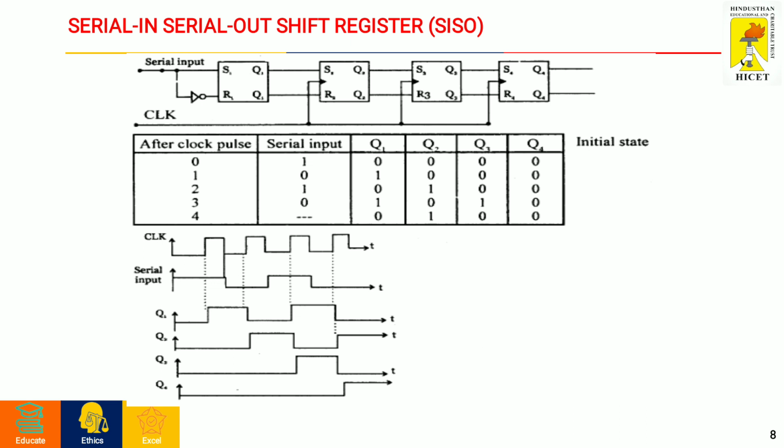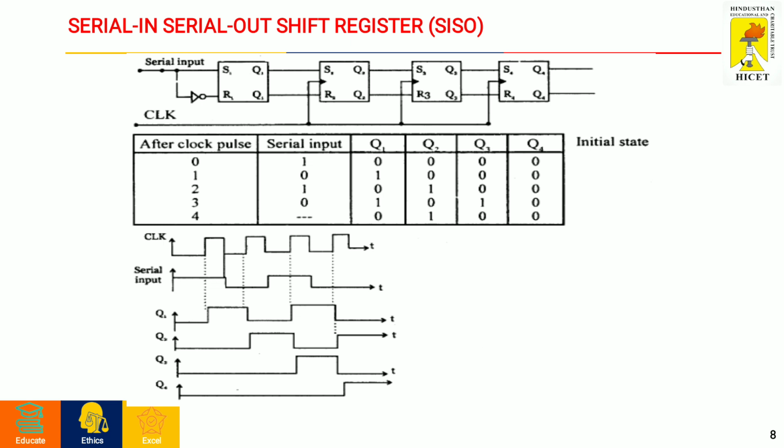The truth table clearly shows that initially, when there is no clock pulse, all the outputs of the flip-flops remain in the reset state. As soon as the clock pulse is initiated, the bits are shifted from one flip-flop to another. That's why it has been given in the clock waveform. We can clearly understand that initially Q1, Q2, Q3 and Q4 remain in the 0 state.